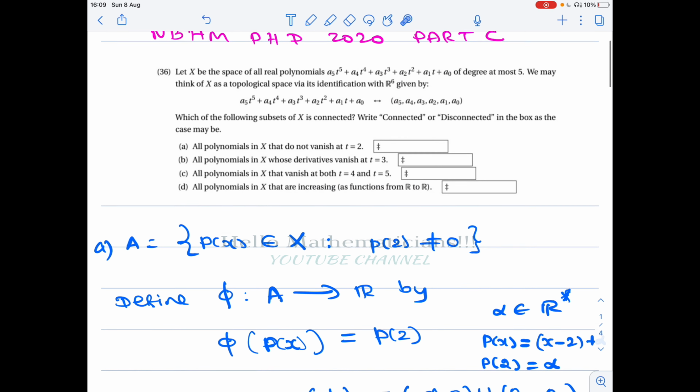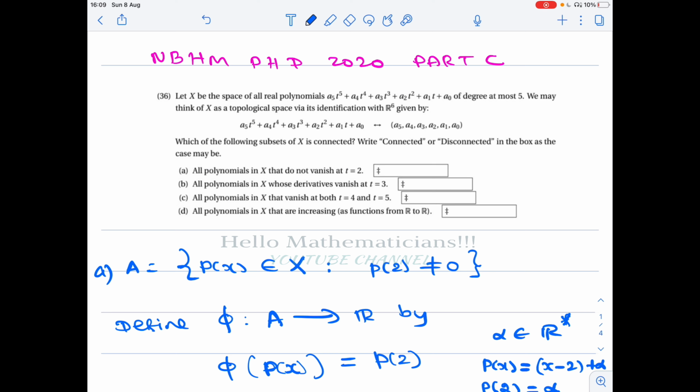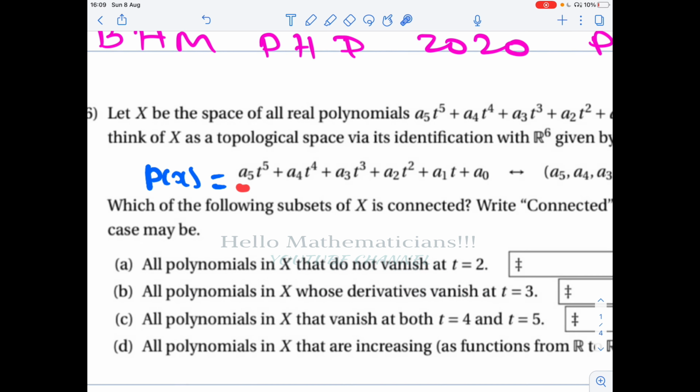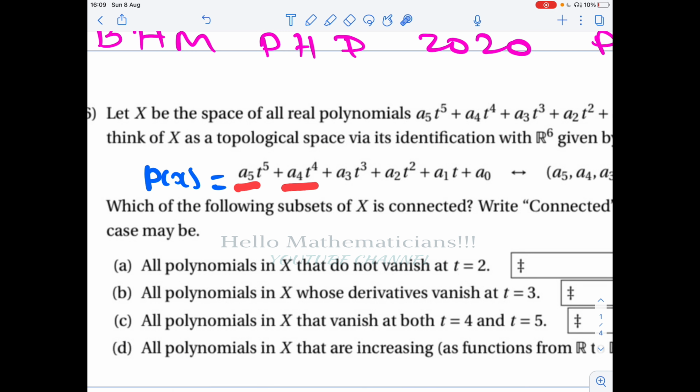Suppose p of x is equal to this polynomial a5 t power 5 plus a4 t power 4 plus etc. We are sending this polynomial to p of 2. That will be a5 times 2 power 5 plus a4 times 2 power 4 plus etc. plus a1 times 2 plus the constant term a naught.